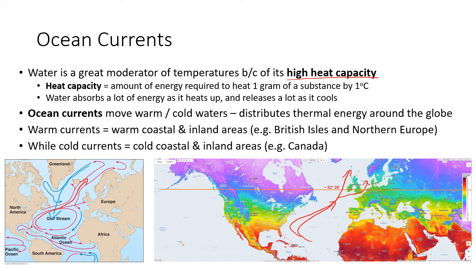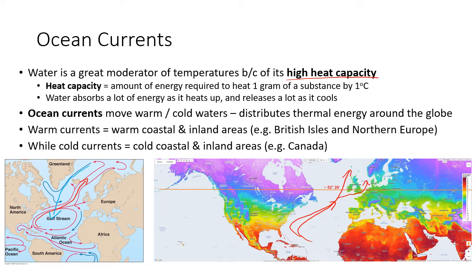This Gulf Stream current is bringing warm waters from the Gulf of Mexico and the Caribbean up to Northwest Europe, Western Northern Europe, most of Europe. And it's heating Europe.